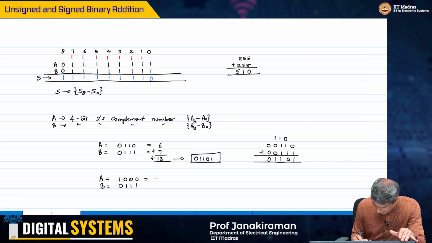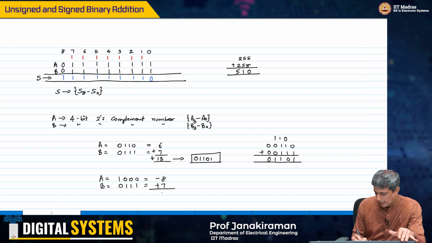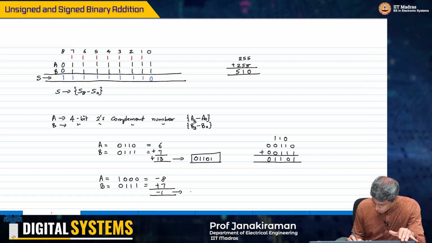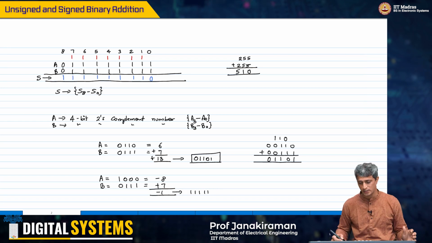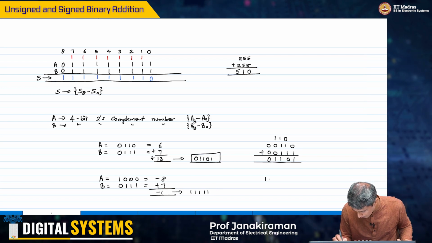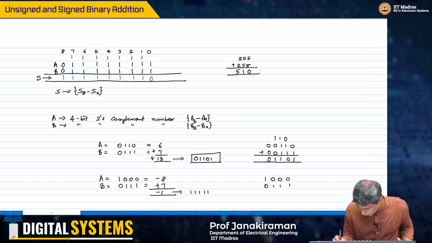This is actually equal to -8 and this is equal to +7. And if I add these two, I should get -1 as the answer, which means this should be 1 1 1 1 1. Of course, you can extend this to as many bits as you want. So let us look at that. 1 0 0 0, 0 1 1 1. Okay, I'm going to add.